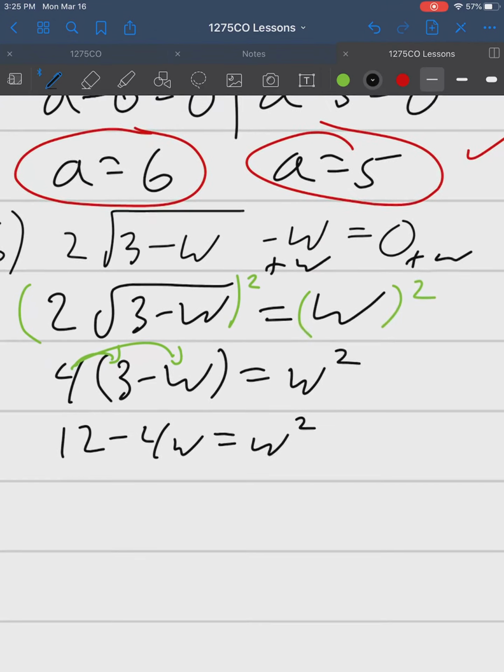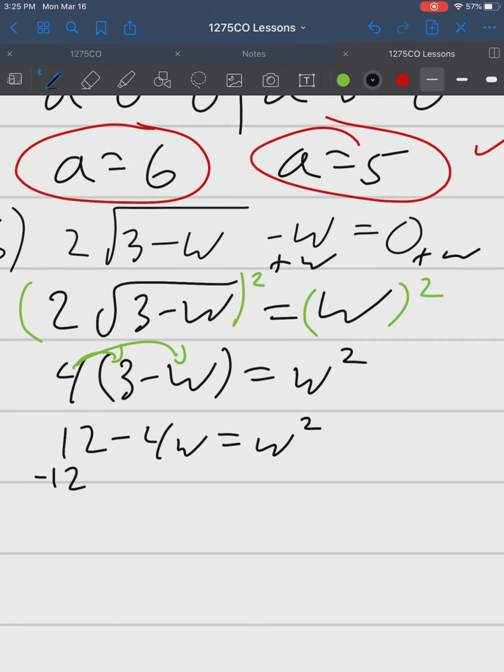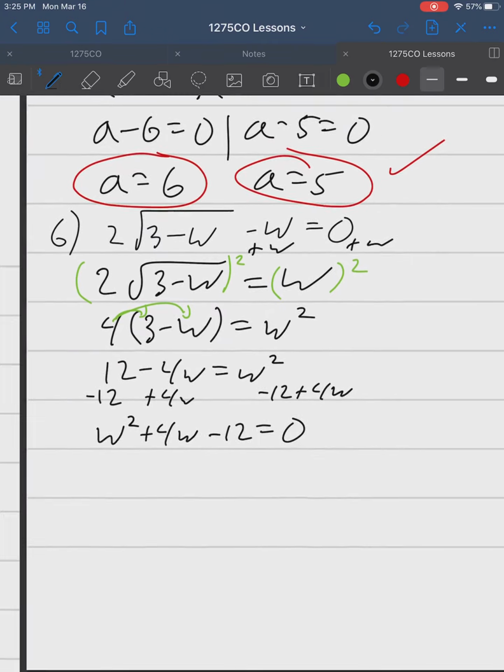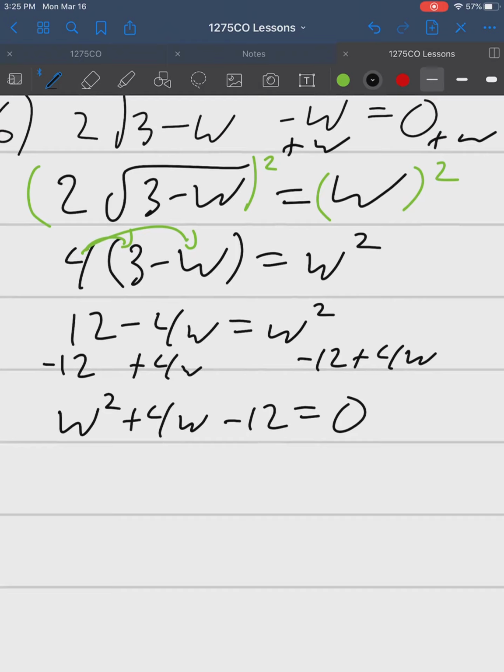Once again, a quadratic equation that we are going to set equal to 0 and get w squared plus 4w minus 12 is equal to 0. All right, once again, a quadratic equation, and once again, factorable.